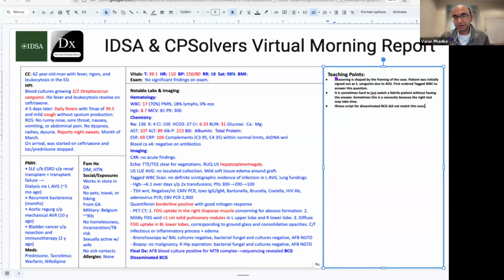And it's a reminder to me about how our illness scripts are deficient in immunocompromised hosts, and why we have to maintain a broader differential and not adhere so tightly to prototypical illness scripts when we encounter these patients. Because I've seen very similar patients like this that end up with disseminated nocardiosis, and it came out of nowhere. So those are my 3 lessons from this case that I wanted to share.